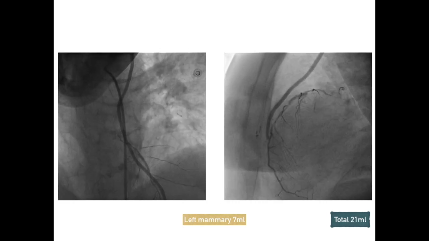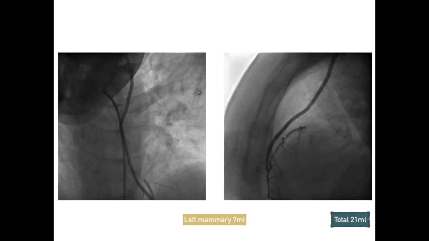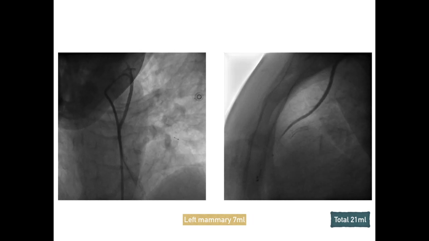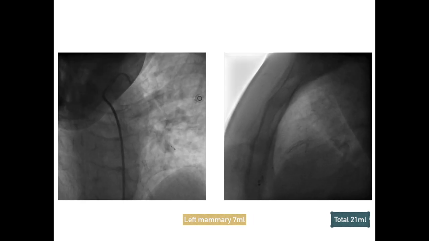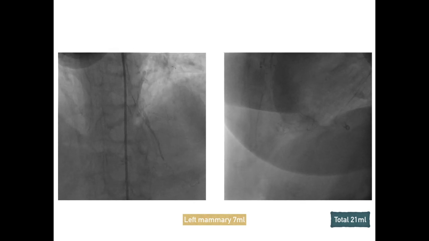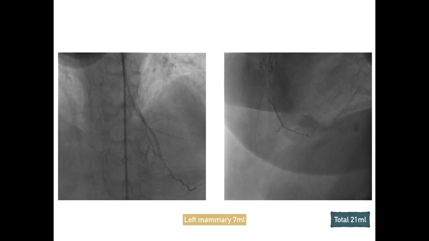And as you can see, the use of biplane angiography definitely reduces the volume of contrast. Her LIMA was working fine with a clear body and anastomosis, with the flow of the LIMA filling the distal mid-LAD and spilling to the proximal LAD. So now 3 injections, 2 for the native vessels, 1 for the LIMA graft, with a total volume of contrast of 21 mL.